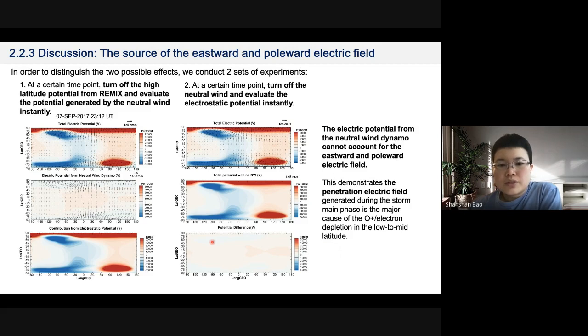So the potential difference from turning off the neutral wind is basically trivial. We come to the conclusion that the electric potential from the neutral wind dynamo cannot account for the eastward and poleward electric field. This demonstrates that the penetration electric field generated during the storm main phase is a major cause of the O+ or electron depletion at low to mid latitudes.